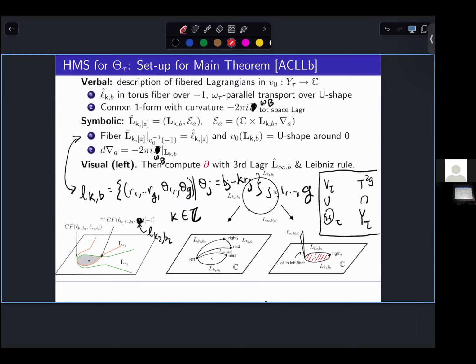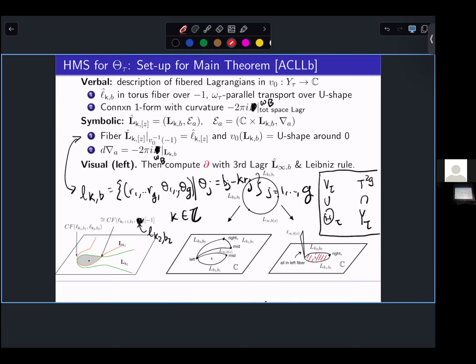There's an intersection point here, which I call right 1, and one here, which I call right 2. And then there's this one, which is left. So this is when you introduce the third Lagrangian, L infinity. Then you look at the moduli space of disks bounded by those 3, index 1, and you look at the degenerations. One of the degenerations when 2 of those points come together is this: you have a bigon between the left and the mid.